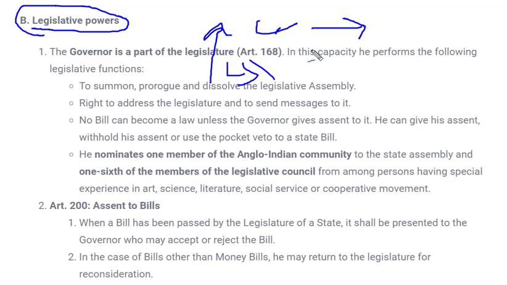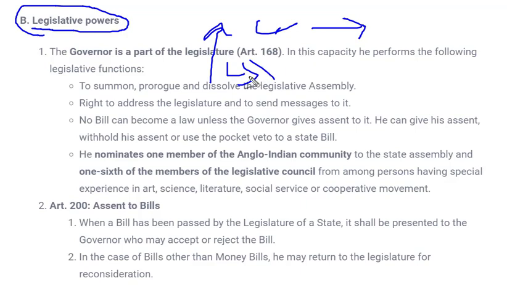It is somewhat similar at state level also. At state level, the role of the President is played by the Governor, but the Governor has some extra functioning compared to the President, because he is acting at state level.